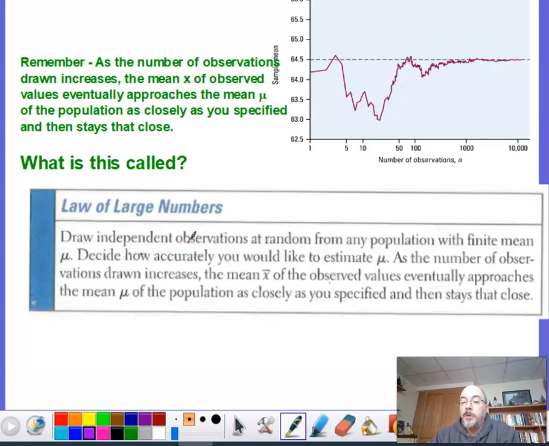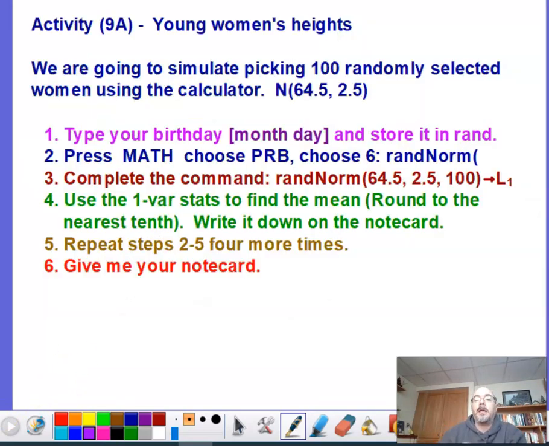Decide how accurately you would like to estimate the mean. As the number of observations drawn increases, the mean x bar, remember that's our sample, of the observed values eventually approaches the true mean, the population mean, as closely as you specified and then stays that close.